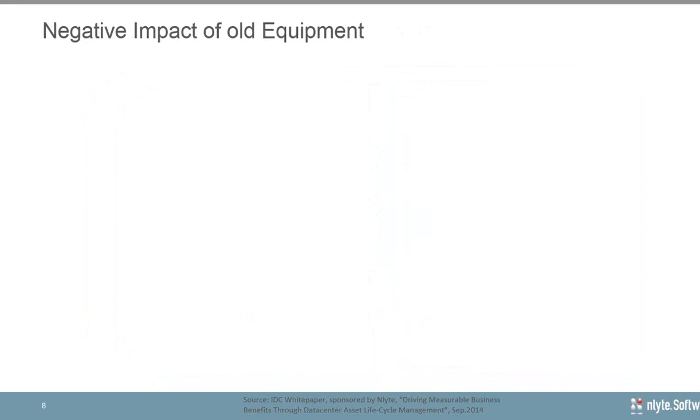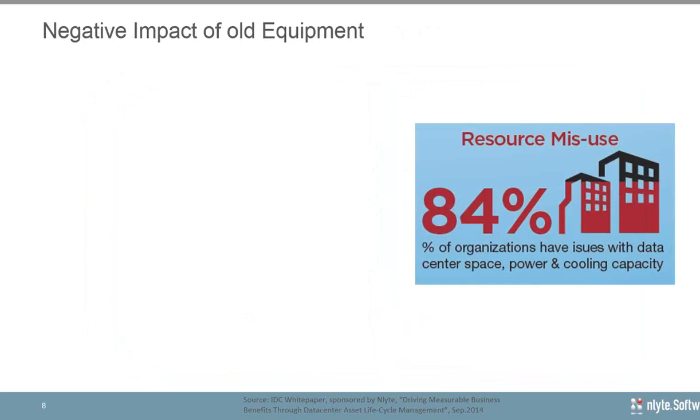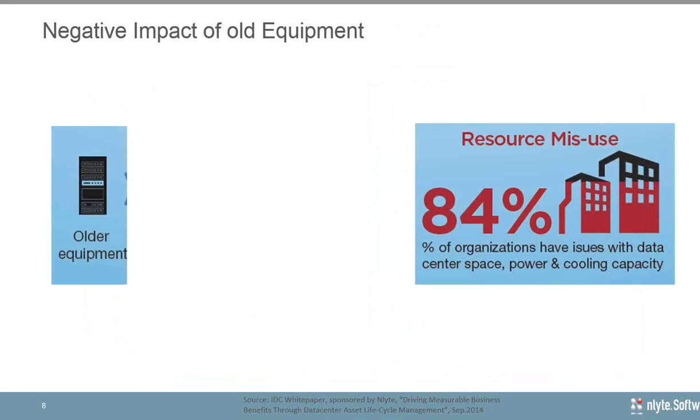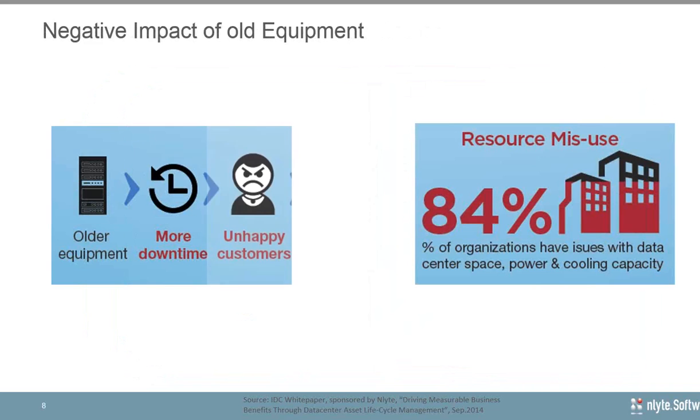And so this all has negative impacts. The research shows that most organizations, 84%, have issues overall with data center space, power, and cooling capacity. These are the exact things that DCIM addresses. Given older equipment, you're going to have more downtime, and that leads to unhappy customers.